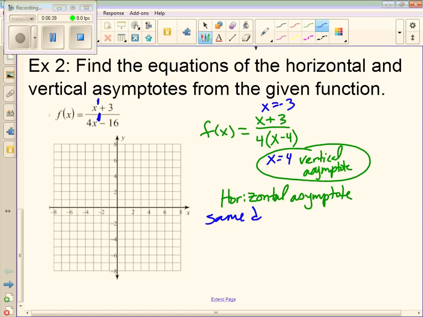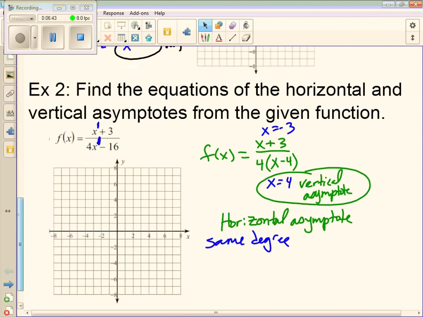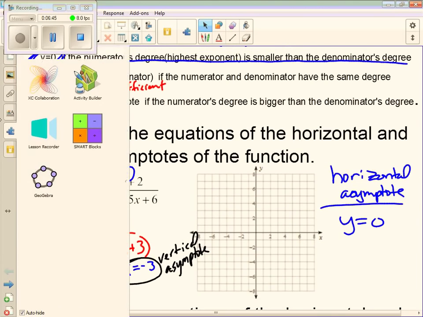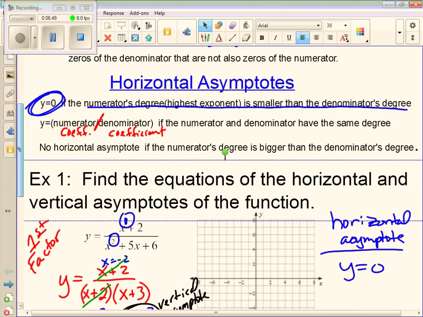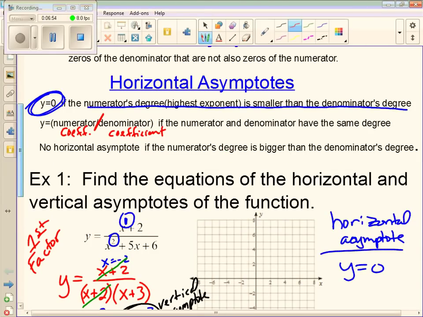Look back at the notes from the beginning. It's the second one: if the numerator and denominator have the same degree, it's the numerator's coefficient divided by the denominator's coefficient.